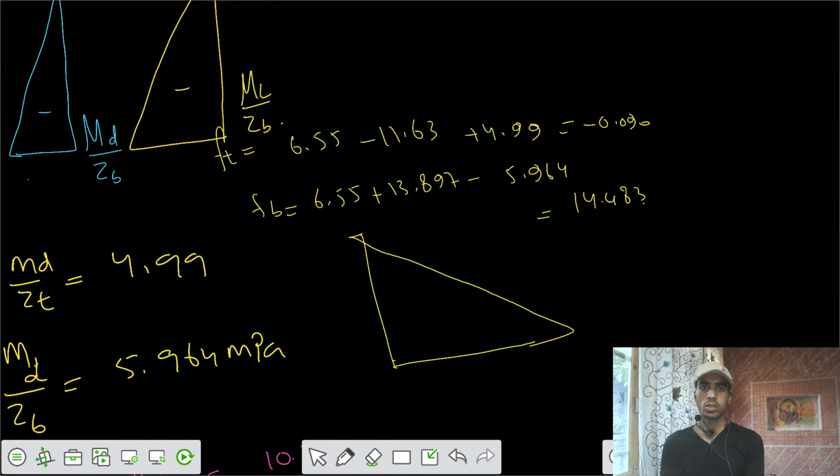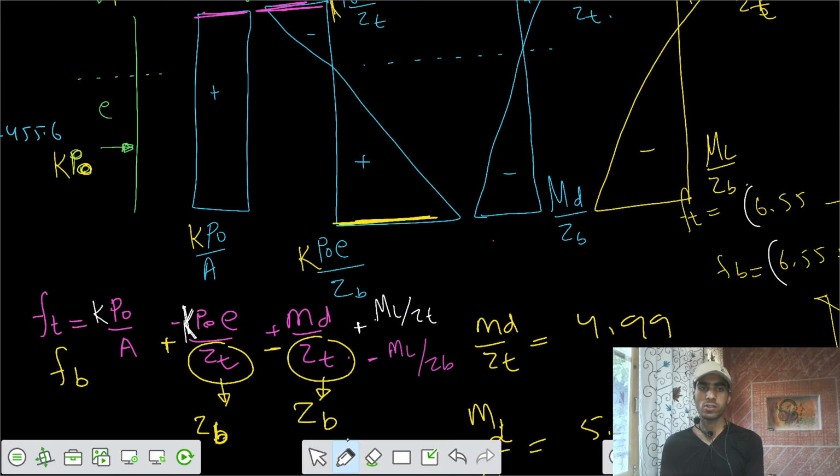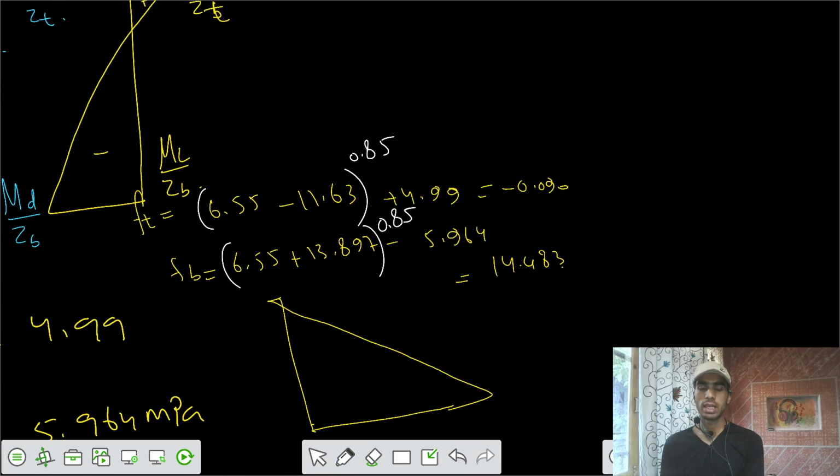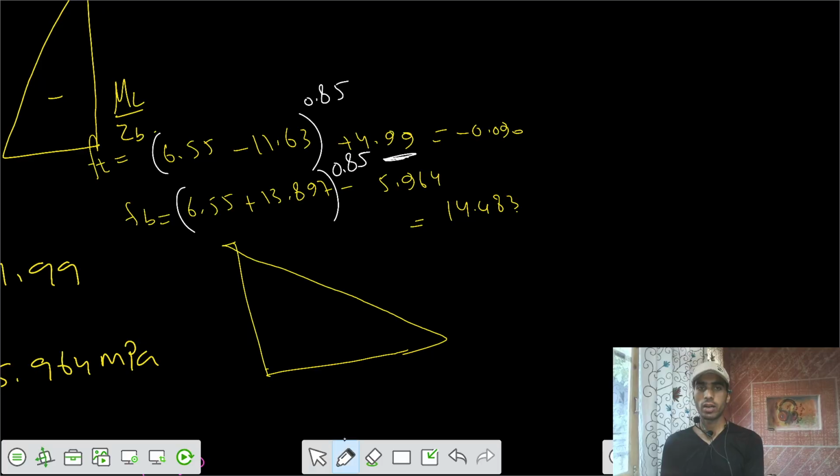Dead load is there. For the first two stresses we multiply 0.85, because K accounts for P and its eccentricity. After that, this is the effect of dead load, and we don't have to change anything with this one.